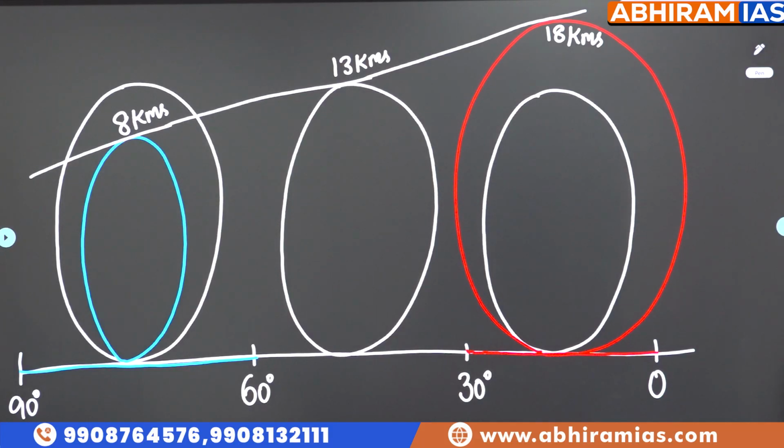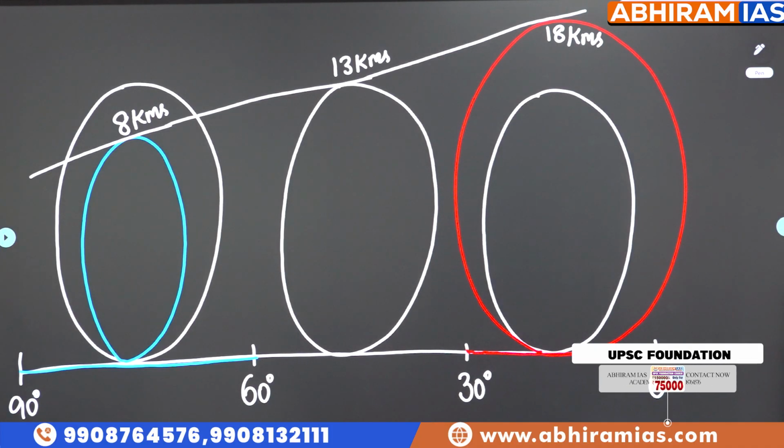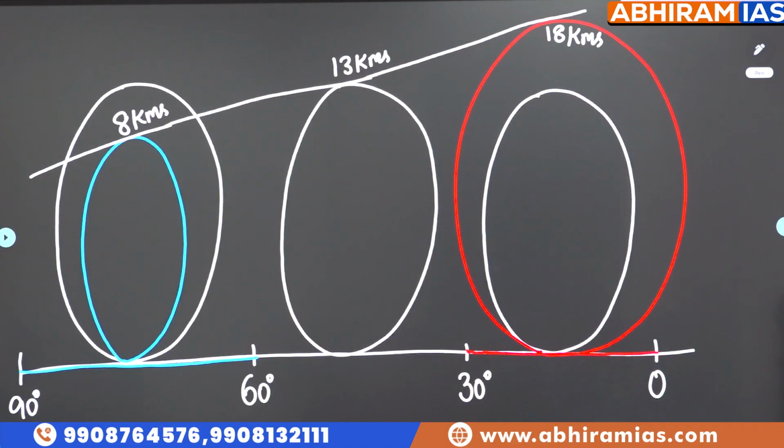As it is under the influence of earth surface temperature, the height of the troposphere increases from poles to equator.